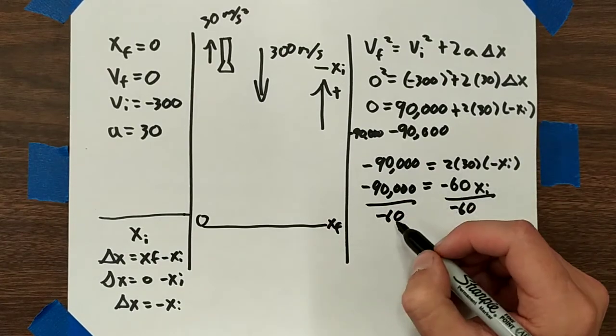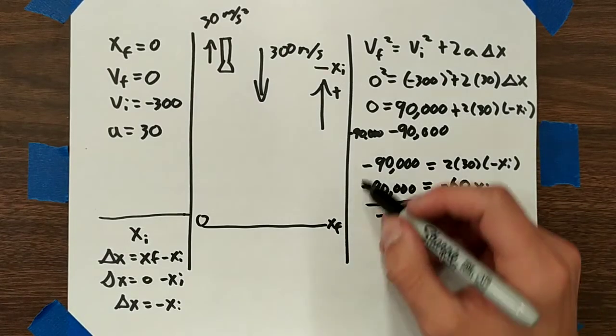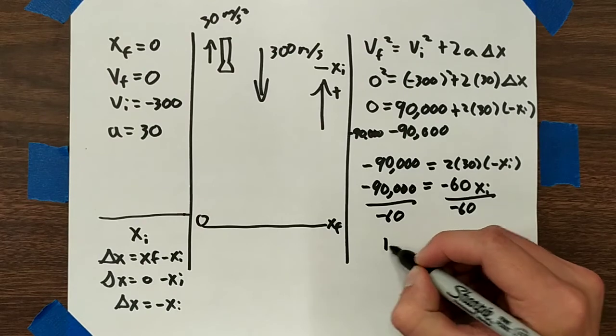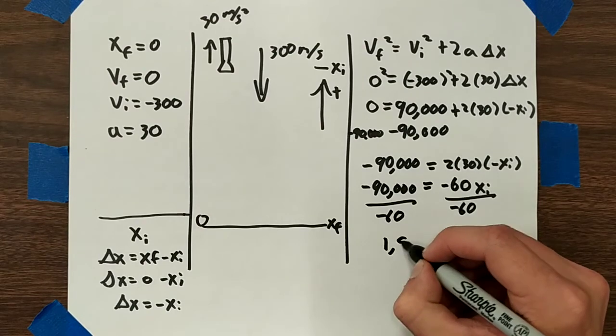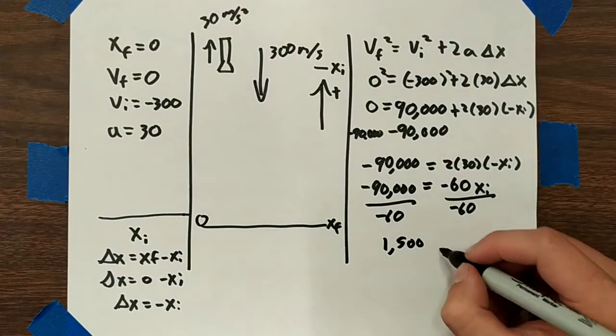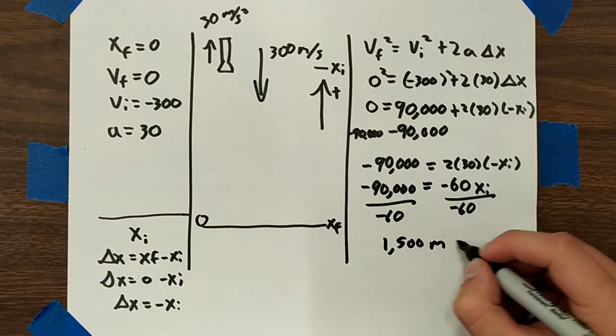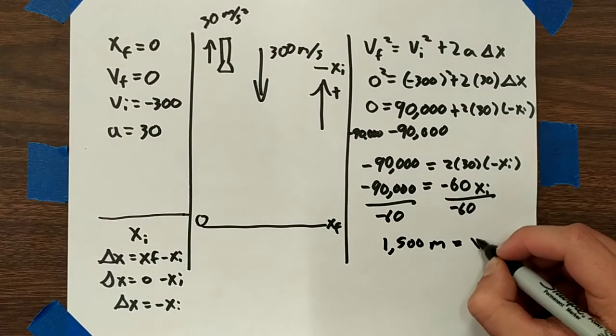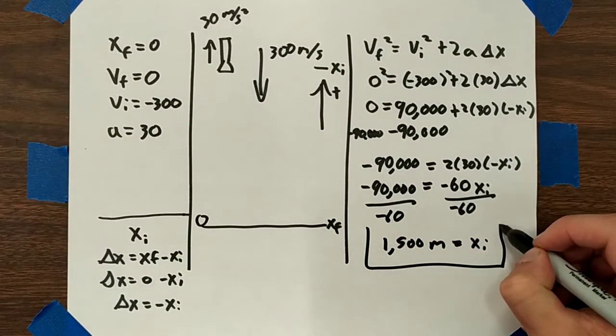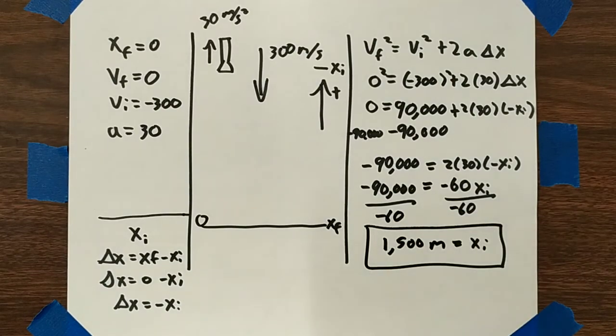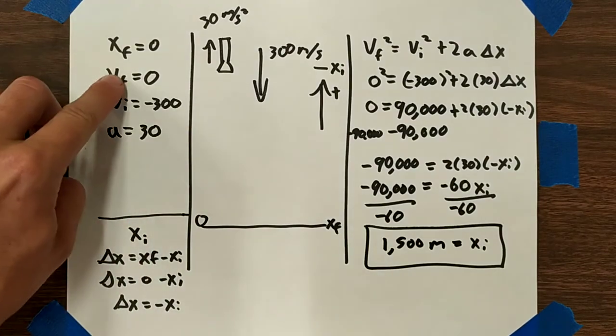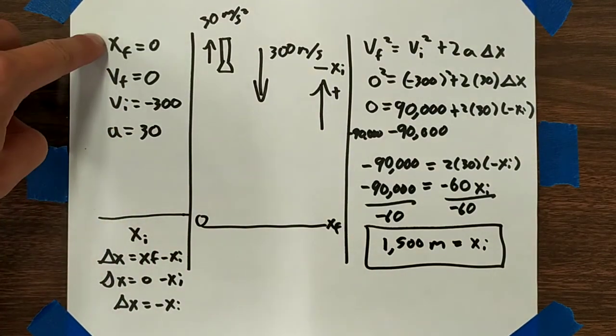So 90,000 divided by negative 60 gives me positive 1,500. And the units are going to be meters for xi. So that's my final answer. The rocket needs to fire its engine when it's 1,500 meters above the ground if it wants its final velocity to be 0 when its final position is 0.